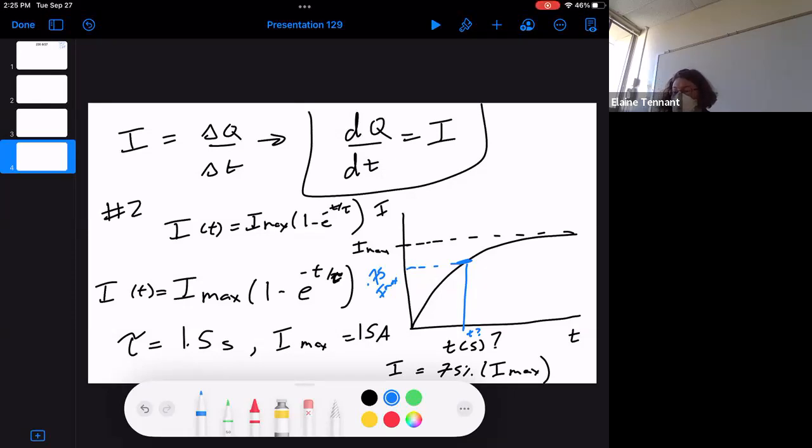This part of the problem is really straightforward. We're going to put 0.75 Imax over here, and then we're going to solve this for t. Sound reasonable?